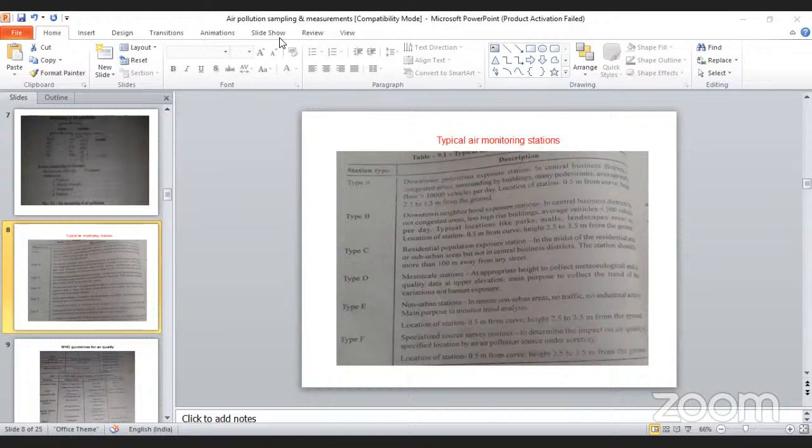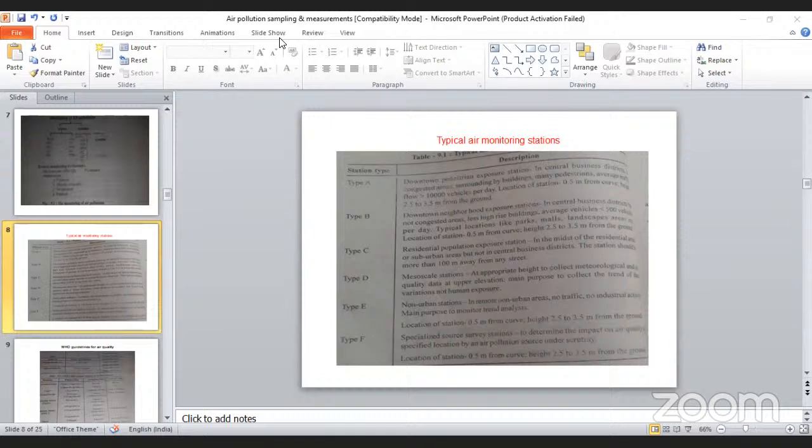The 4 main components of air sampling devices are the inlet manifold, air movement device, collection medium, and the flow measurement device. Because we should know the velocity of air. We must know on what medium we are collecting the sample, which should not be reactive with the pollutant.